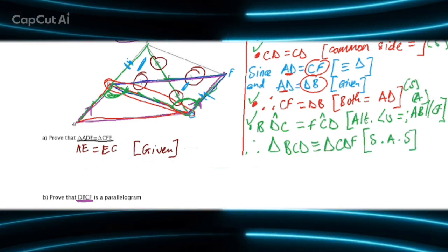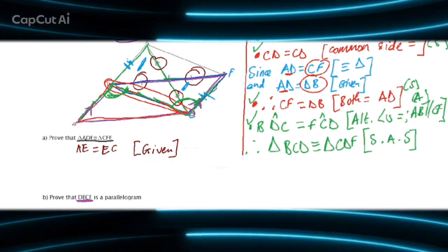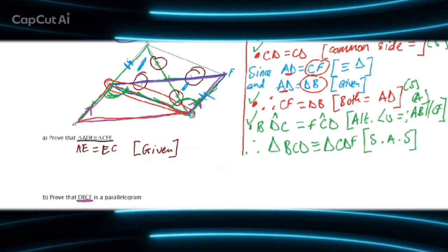Reason being, we have an angle, a side, and a side. So we have side, angle, side. Since we have proved that these two triangles are congruent, they are equal in all respects.